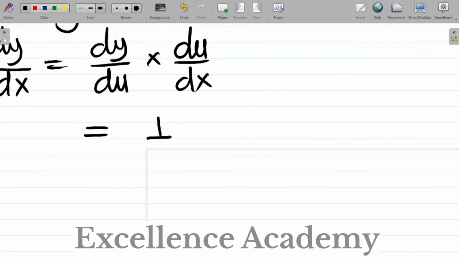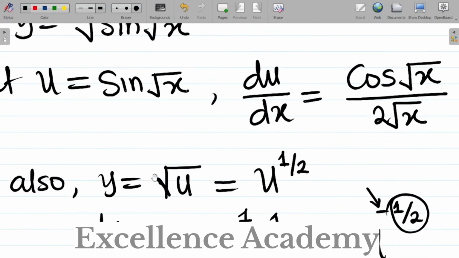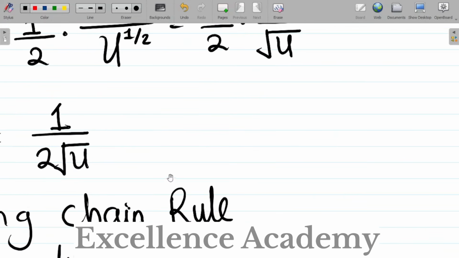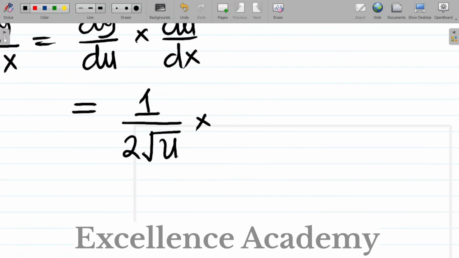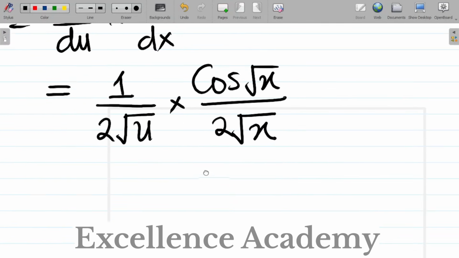That's 1 all over 2 root u times du/dx. du/dx is, let's see here, cos root x over 2 root x. That's cosine of root x all over 2 root x. Let's multiply this.